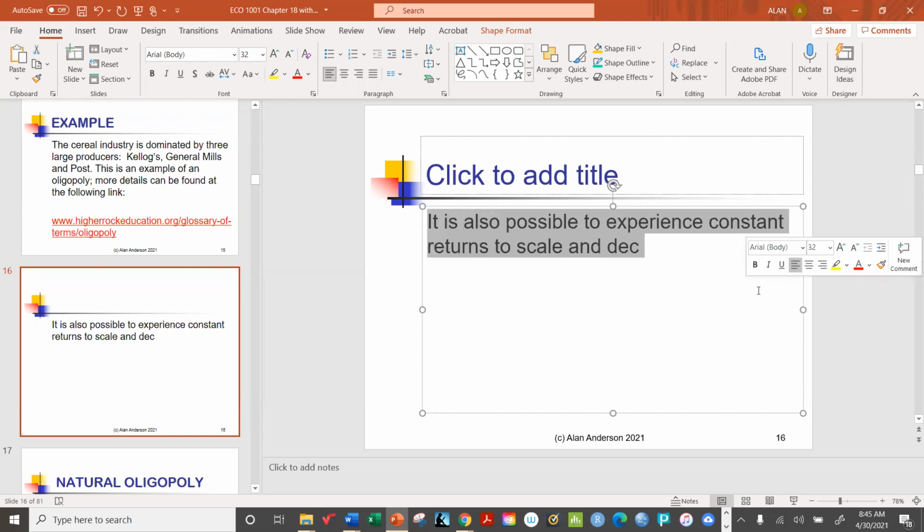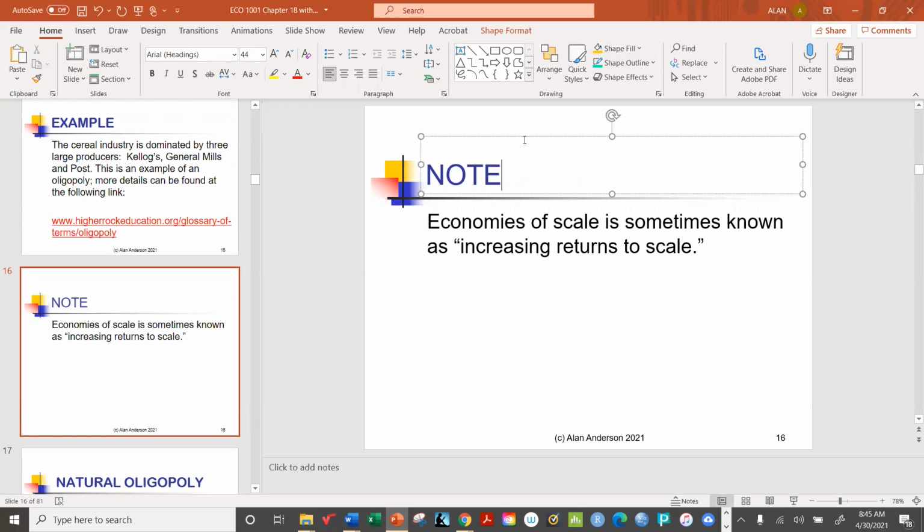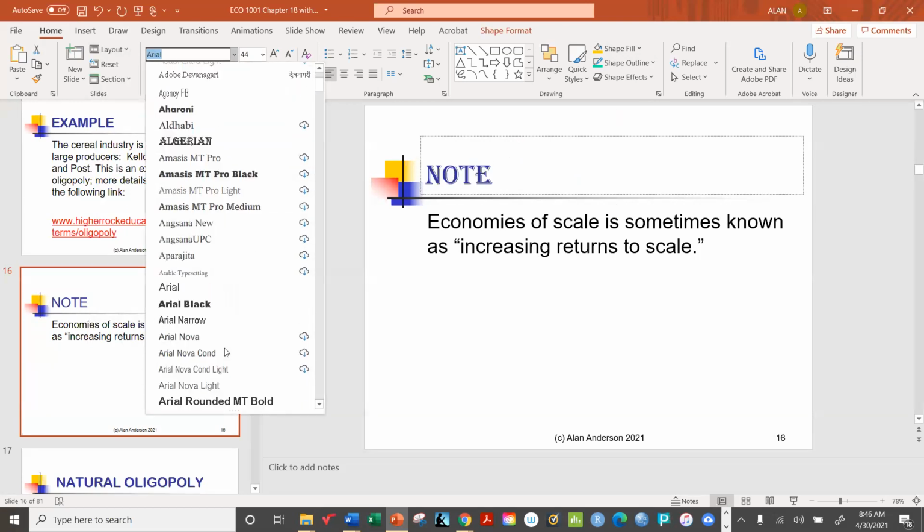One more thing. Economies of scale is sometimes known as increasing returns to scale. You hear those both used interchangeably. So if you run across that phrase, increasing returns to scale, just remember it means the same thing as economies of scale.